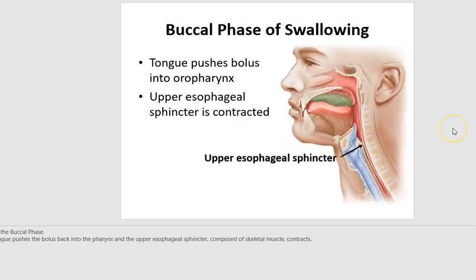We're going to look at these two phases in slightly more detail. In the first phase, the buccal phase of swallowing, the tongue pushes the food bolus into the back of the oral cavity or into the oropharynx right here. And initially, this upper esophageal sphincter is relaxed, but as the bolus passes, it contracts.